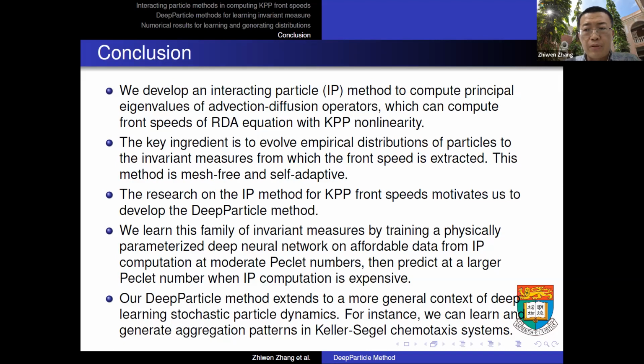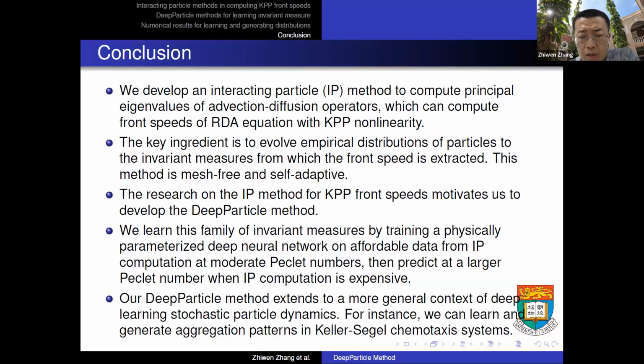To speed up this computation of the KPP front speed motivated us to develop the DeepParticle method. In the first example, the parameter can be the Péclet number in the KPP problem.